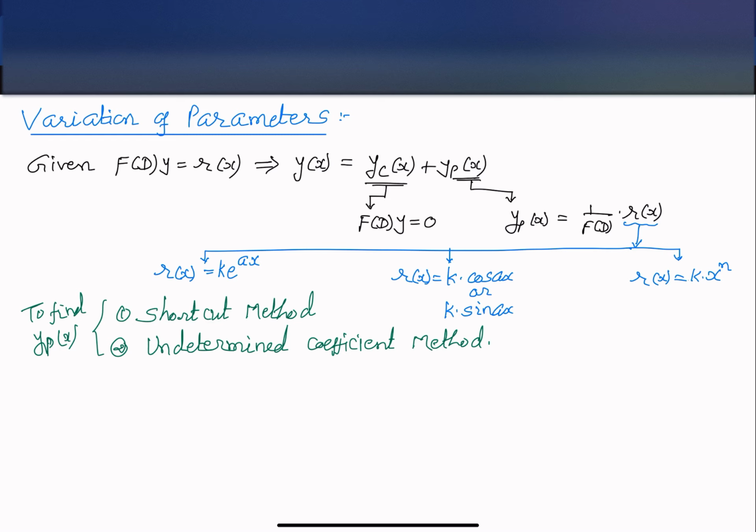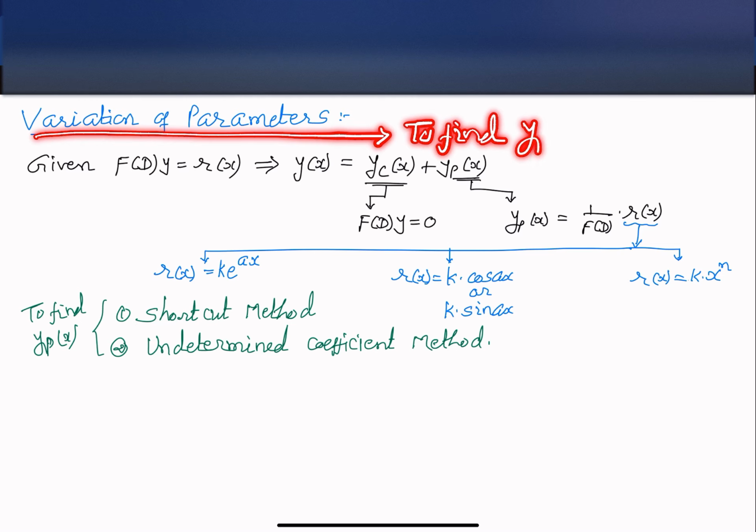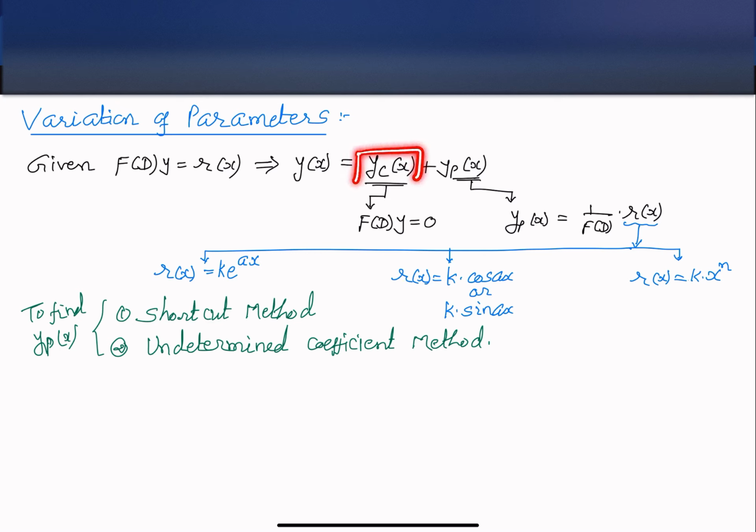Now, in variation of parameters, again our purpose is to find yp(x). That simply means that yc(x) remains the same whether we are applying the shortcut method, the undetermined coefficient method, or the variation of parameters method, right?